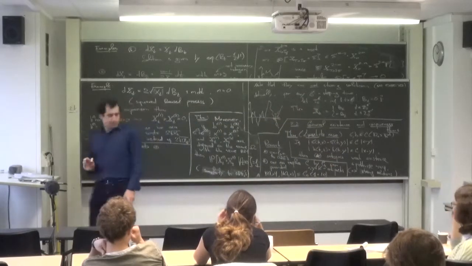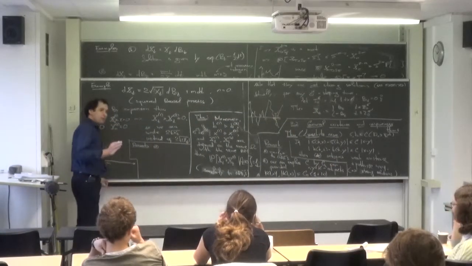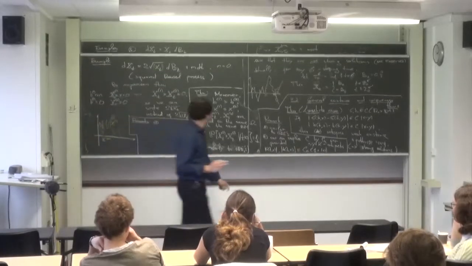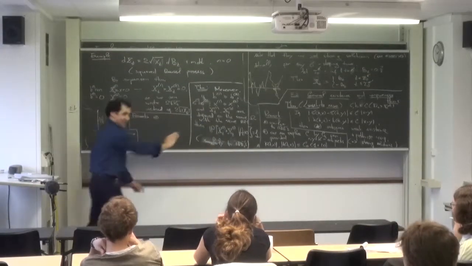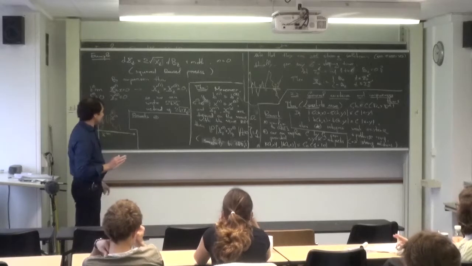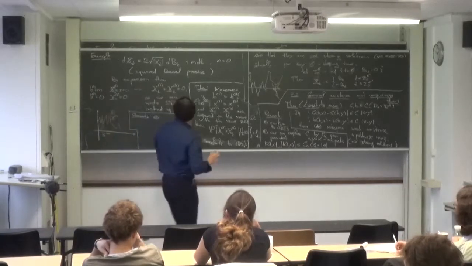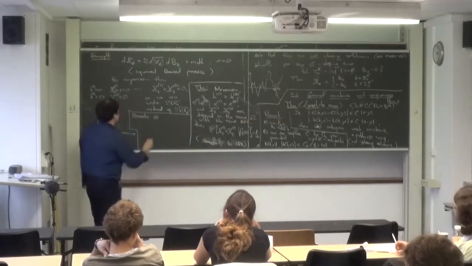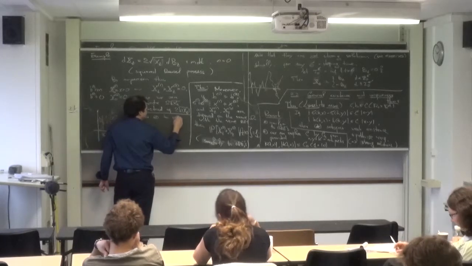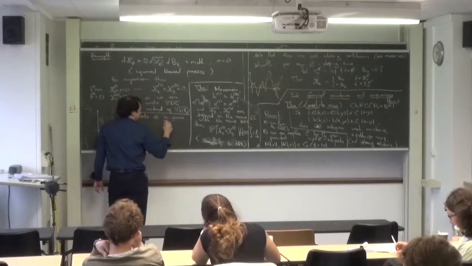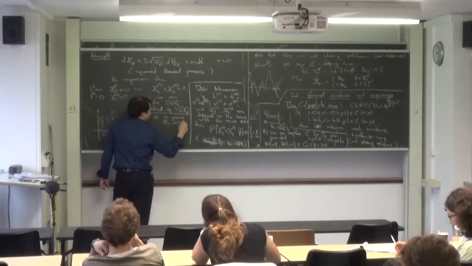Maybe there is. So please read Revuz-Yor or other monographs on that. I didn't find the answer there, but maybe I'm just bad. So in principle, there might be some issue here to prove that the solution exists.